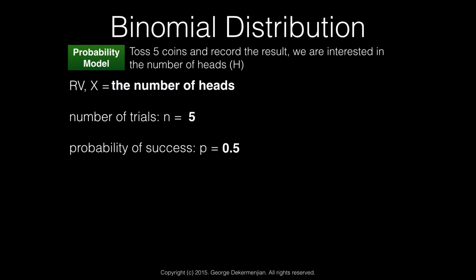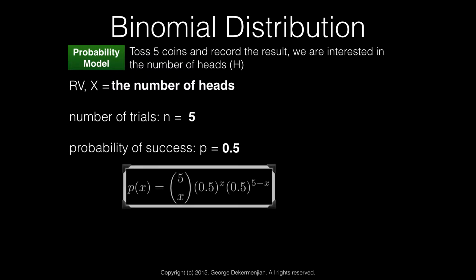So if we take that formula and plug in these parameters, we replace n with 5, we replace p with 0.5, and q is 1 minus p, which is also 0.5. So this is called the probability model. This gives us the probability of x successes, and x, of course, can range from 0 through 5.